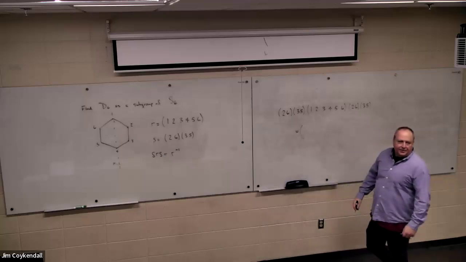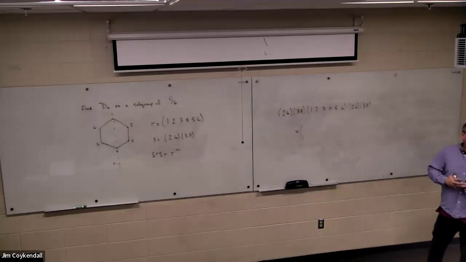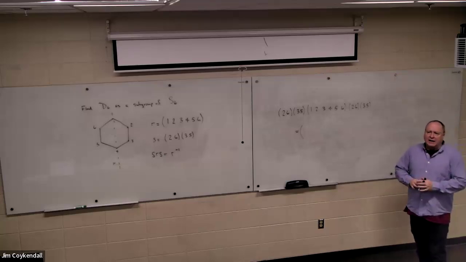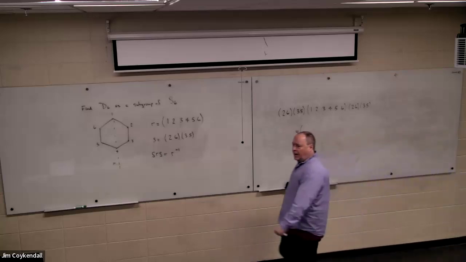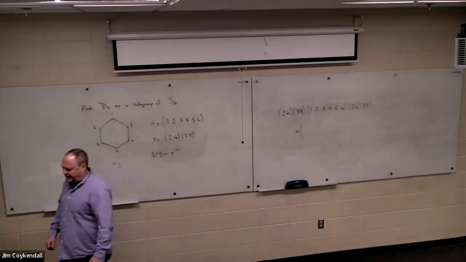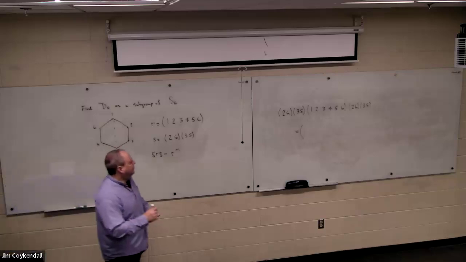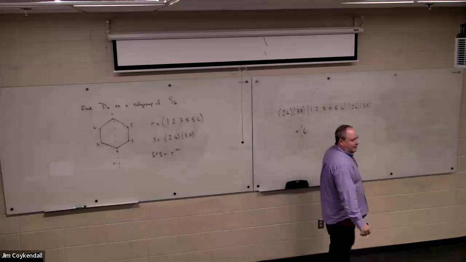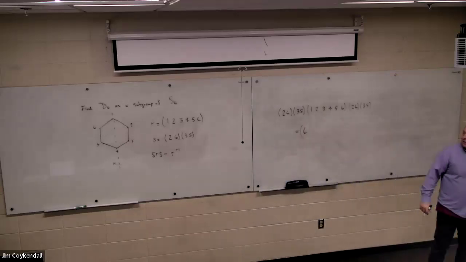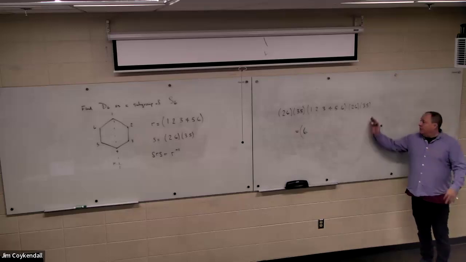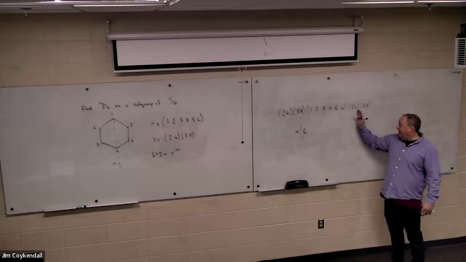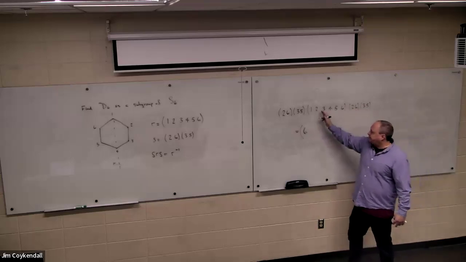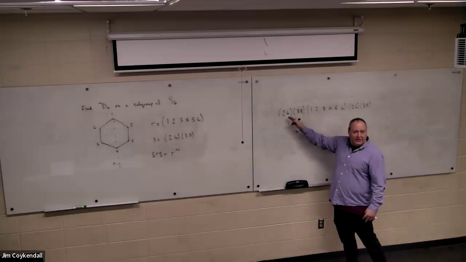Let's do this computation. When I do these computations, I like to start at 1 and just be an accountant and make sure I account for everything. But here, just for the sake of demonstration, I'm going to start at 6. It doesn't matter where you start, as long as you're complete about it. Where does 6 go? Remember, go from this to this. 6 goes to 2, which jumps to 3, jumps to 5, and then it's done.